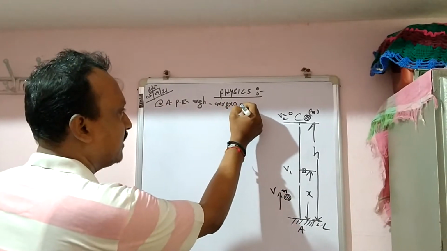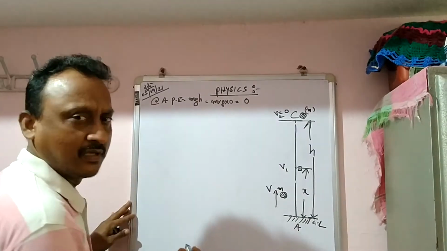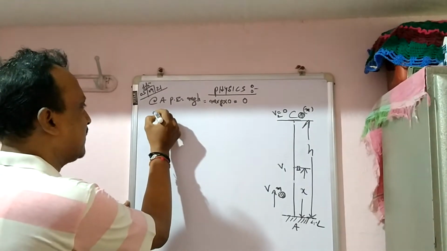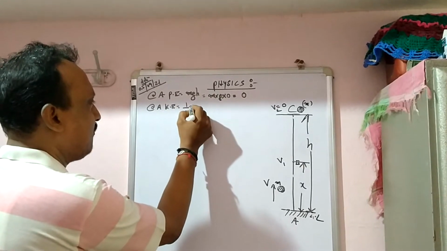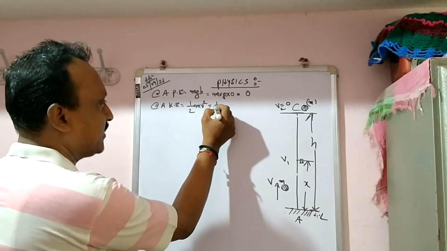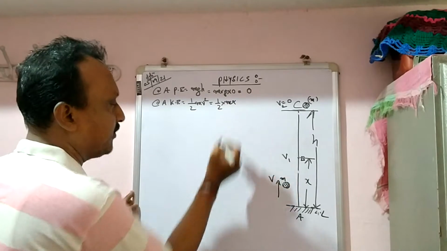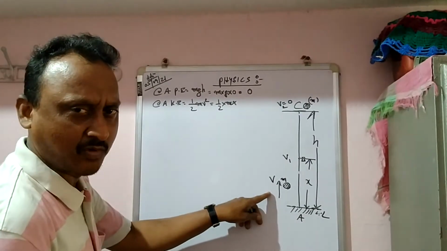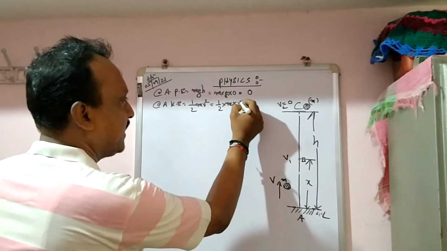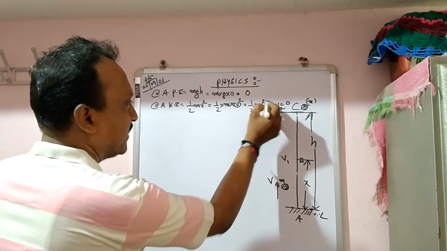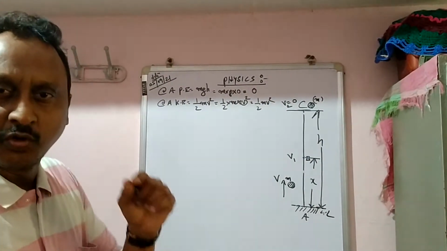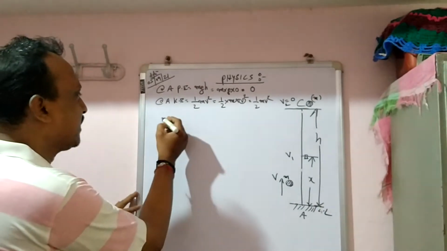Therefore P is 0. Now K at A, the kinetic energy, is equal to half m v square. What is the initial velocity of the body projected? V. Therefore K is half m v square. Now we will find the total energy at A, ground level.